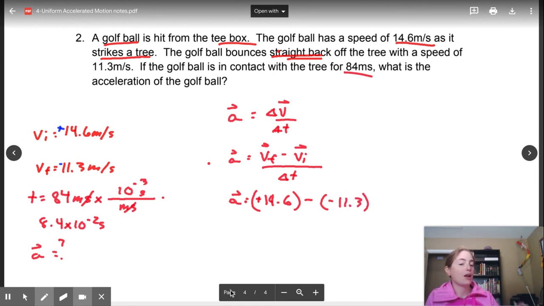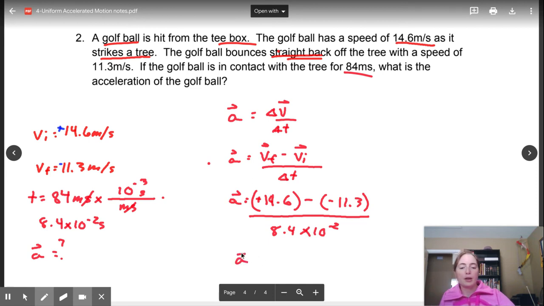Don't drop that negative, guys. We are going to divide this by our time of 8.4 times 10 to the power of negative 2 seconds. And once you plug that value into your calculator, you're going to get a value of negative 308.33... meters per second squared.